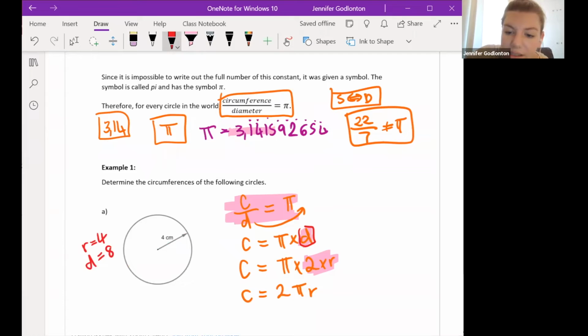And so all this is saying, instead of writing a diameter, I'm saying I've got 2 of my radii. Does that make a bit more sense? Yes, ma'am. Okay, and the last way is just the way that some of your schools have asked you to write it, but it's exactly the same.